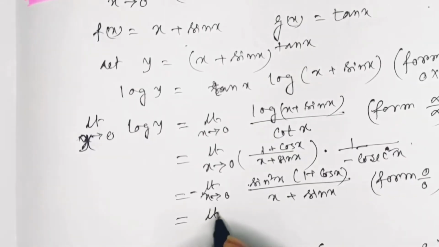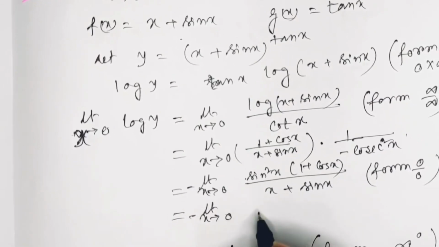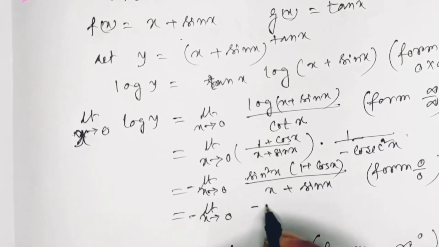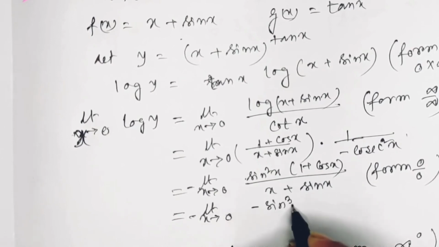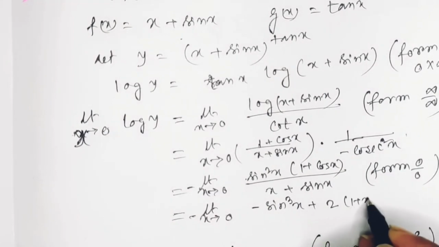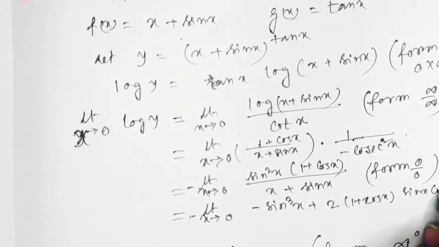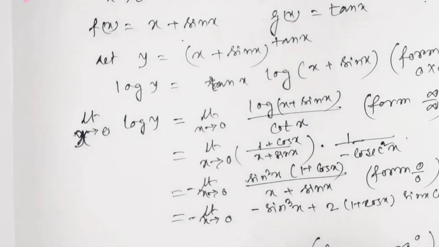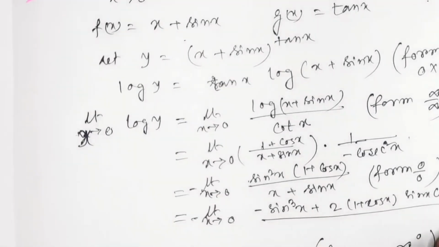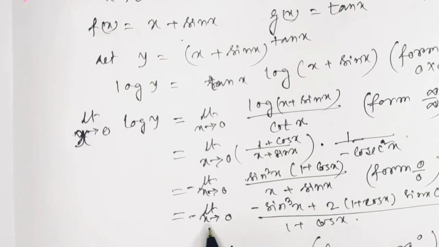Taking the derivative, with the minus sign on the outside, we shall find sin cube x plus 2 into 1 plus cos x, then sin x and cos x, and then divide by 1 plus cos x, and if we substitute the x limit, then we find it out.